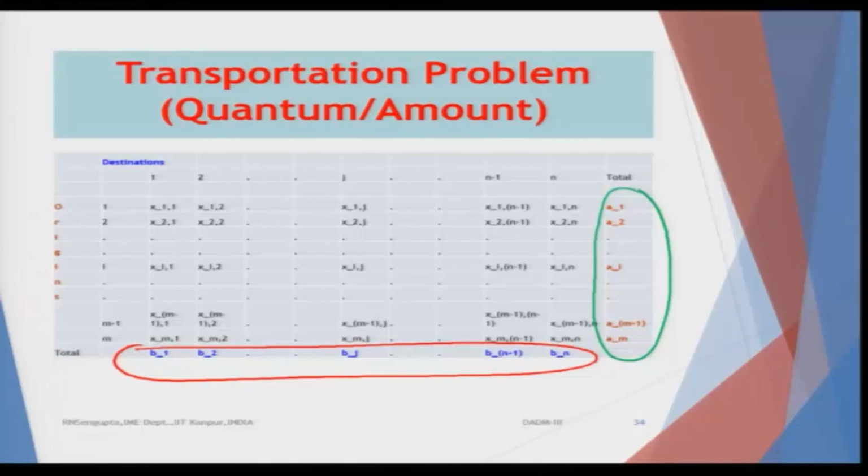In this case, the sum of all the a's should be exactly equal to the sum of all the b's and that will be utilized as the main condition based on which we will basically try to optimize our problem.